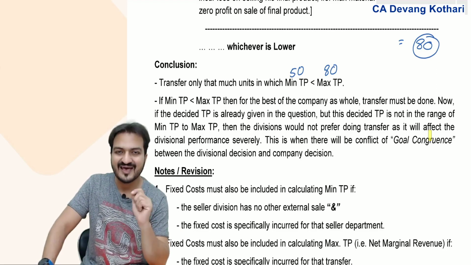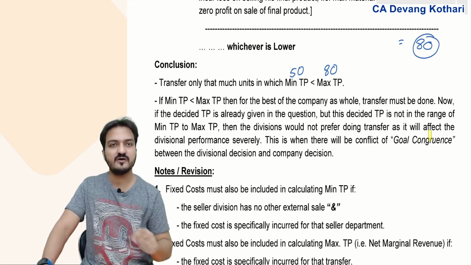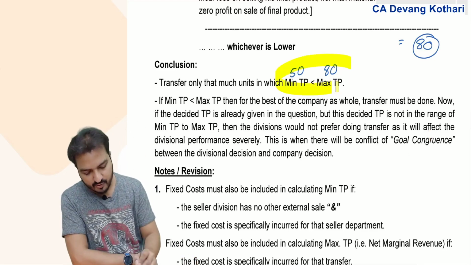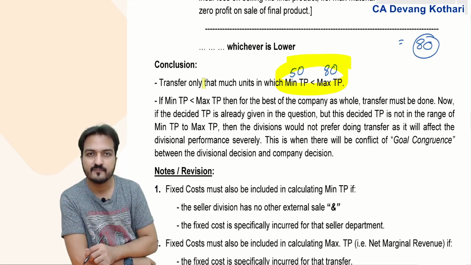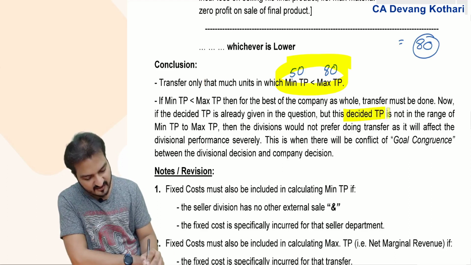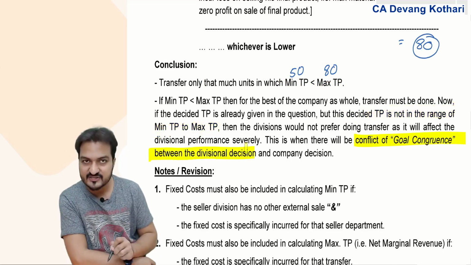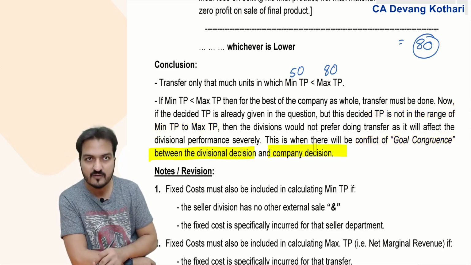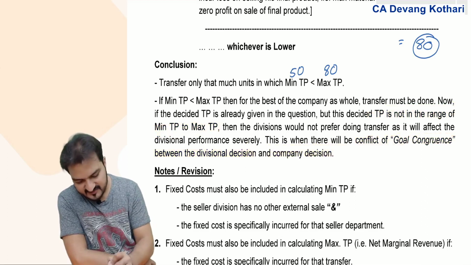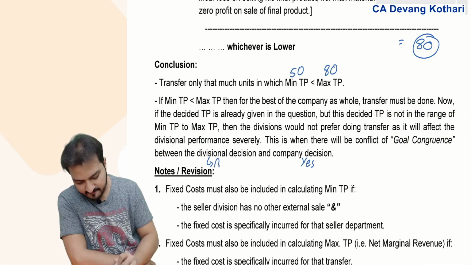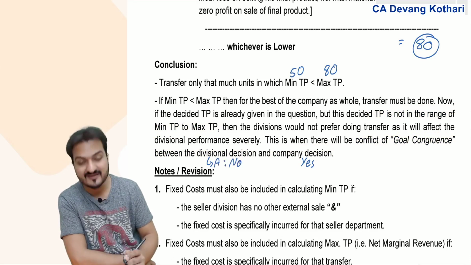This conflict can be avoided. This conflict can be prevented if the transfer price is decided between a minimum to maximum. So if the decided TP is not in the range of minimum to maximum, then there will be conflict of goal congruence between divisional decision and company decision. In such case, company decision is that yes, transfer should be done, but division A will say that no, he does not want to do the transfer.